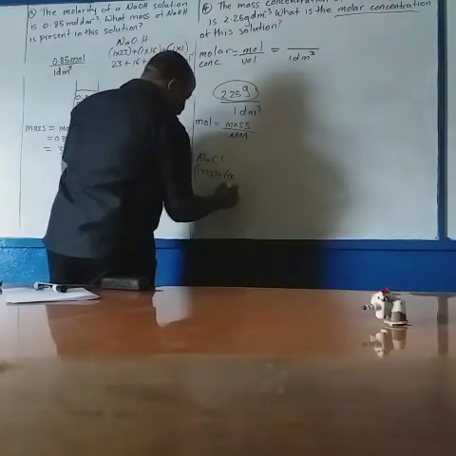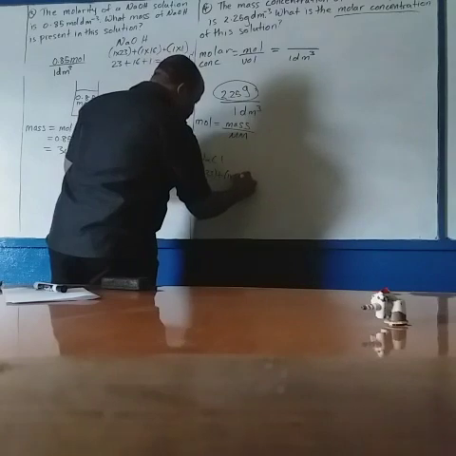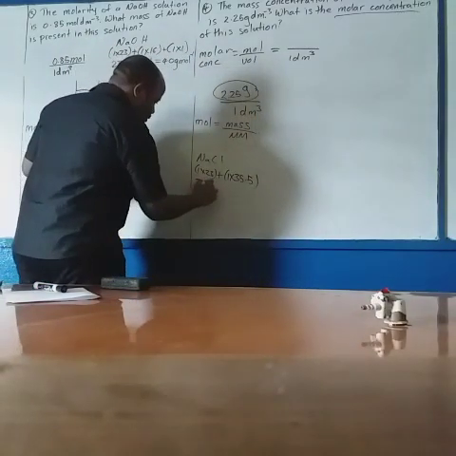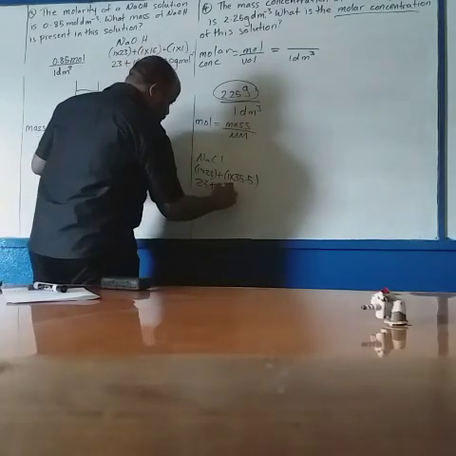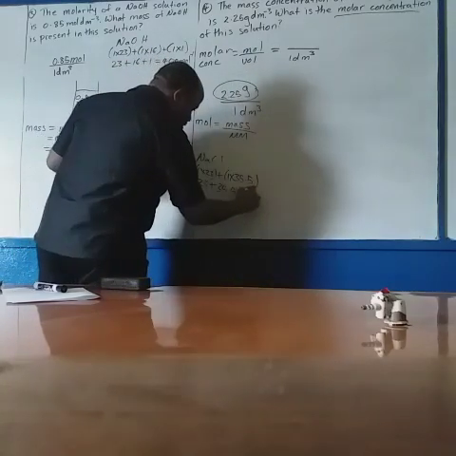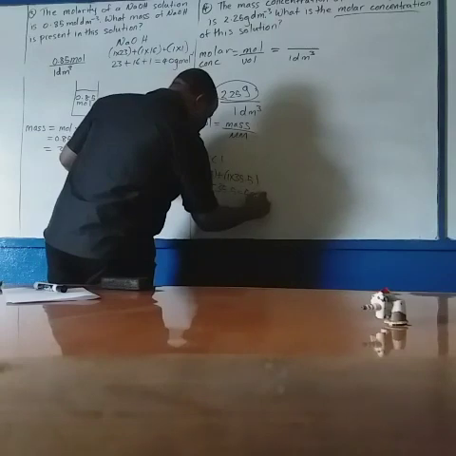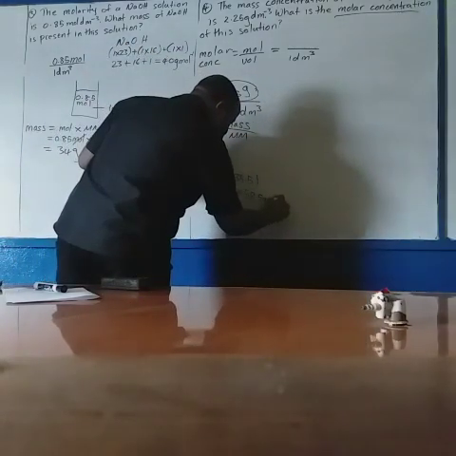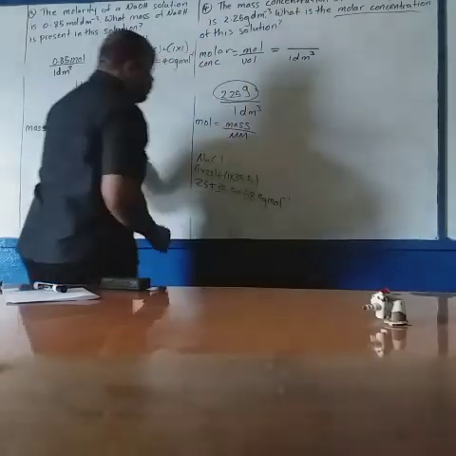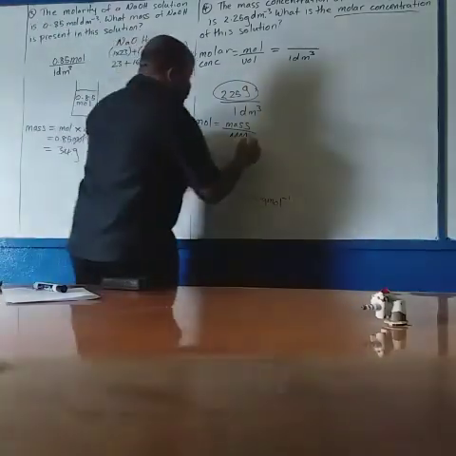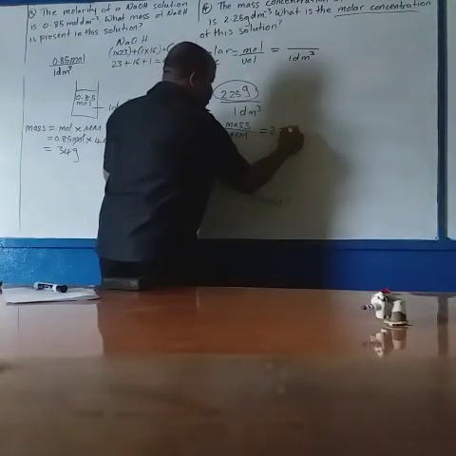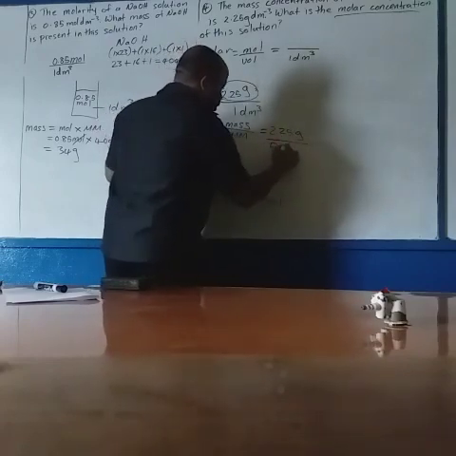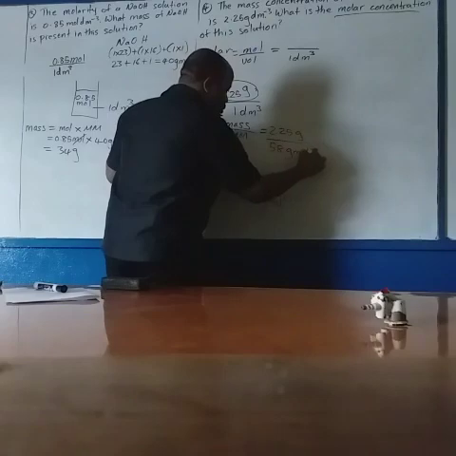So that's 23 plus 35.5 and we get 58.5. And again, the unit is gram per mole. So 2.25 grams divided by 58.5 grams per mole.